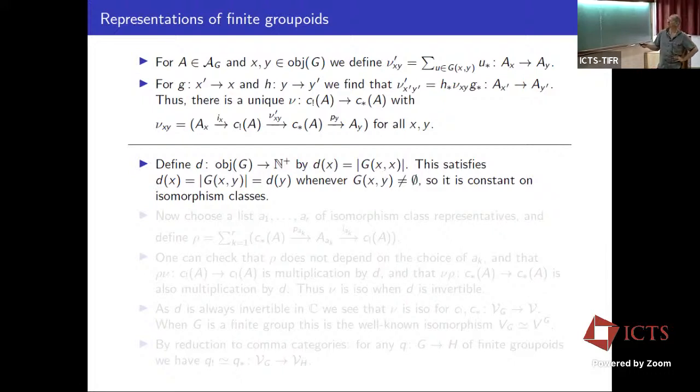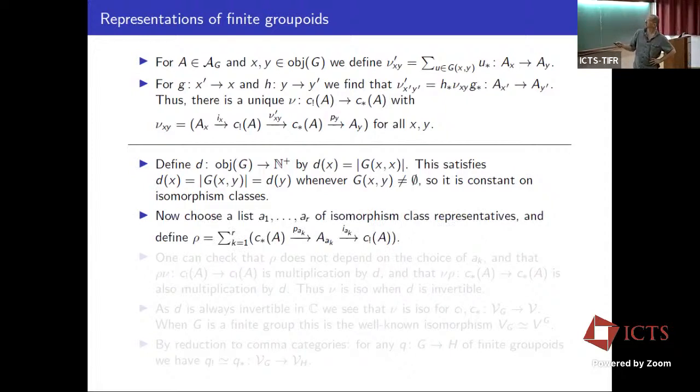And by what we've said previously, if G(X,Y) is not empty, then the sizes of the automorphism groups at X and Y are the same, and that's the same as the number of morphisms from X to Y. So this is invariant on isomorphism classes.